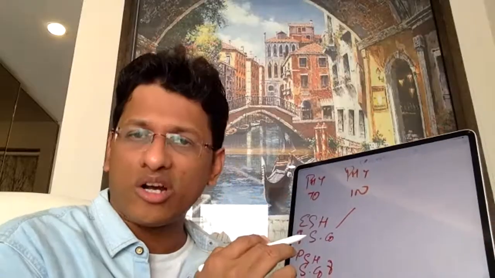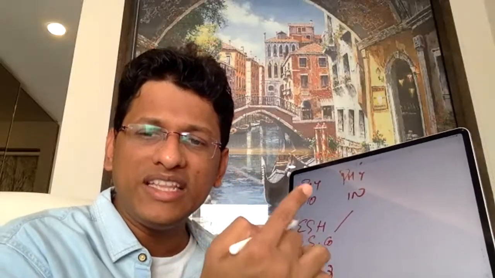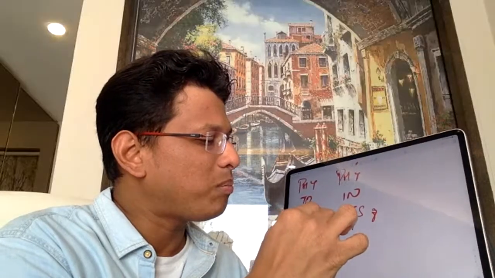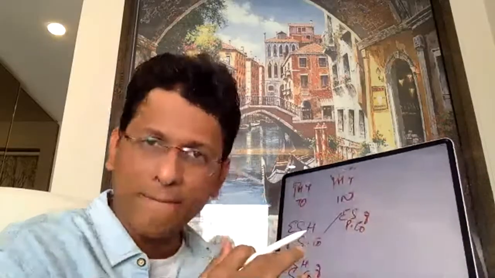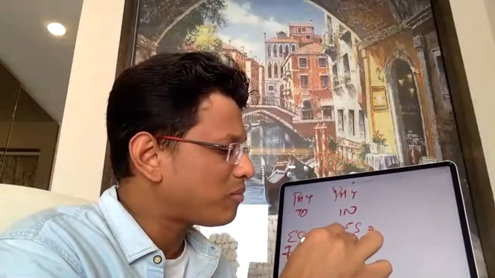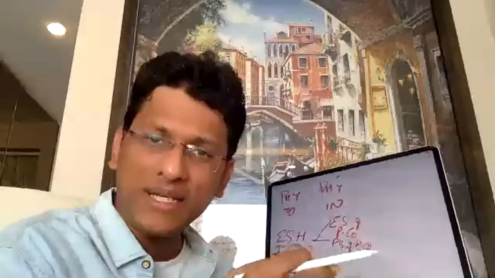Then here, payment in what form? Payment in the form of equity shares of purchasing company. Then it could be preference shares of purchasing company.